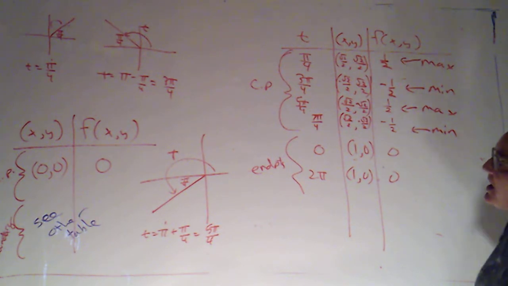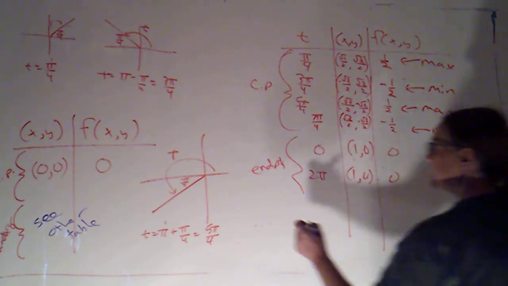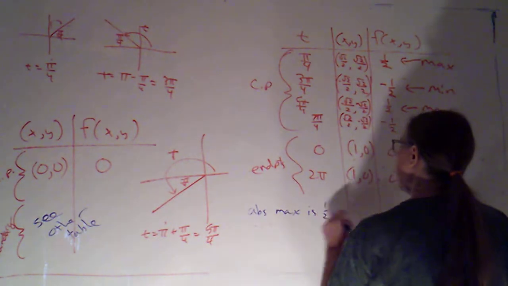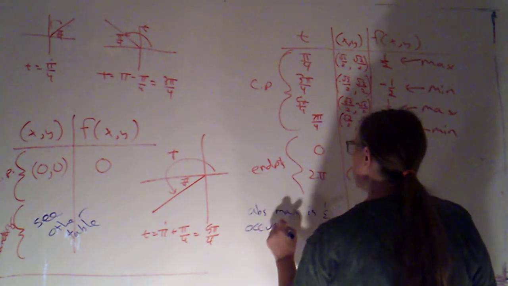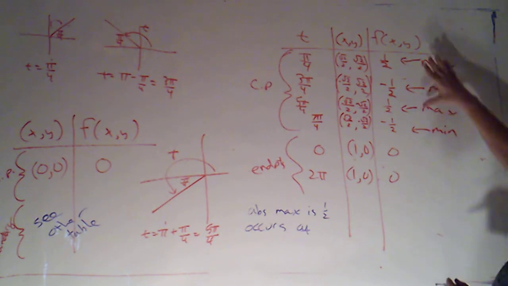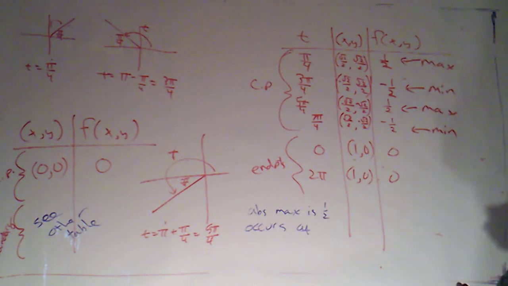Okay, so let's see. Let's just state the answer to our question. So the absolute max is 1/2. It occurs at 2 different points. Now I can write those out if I want to.